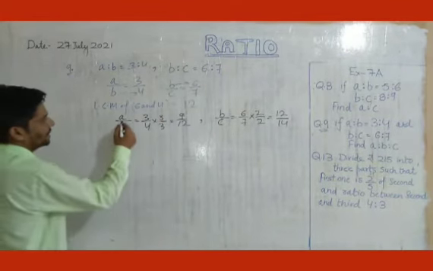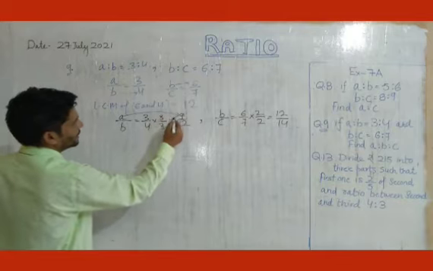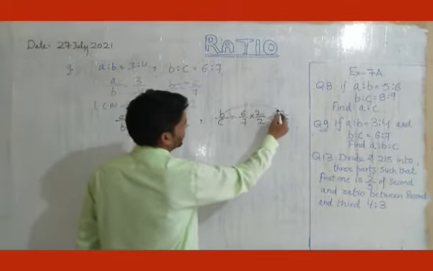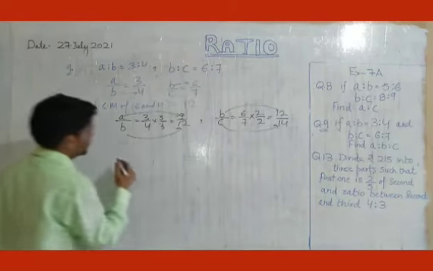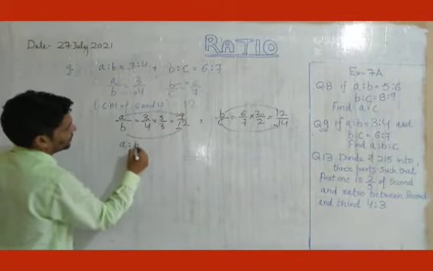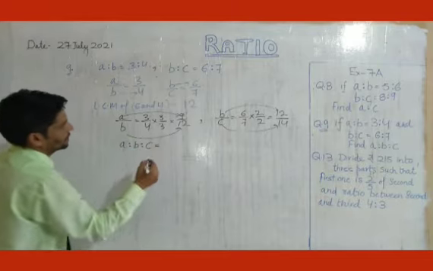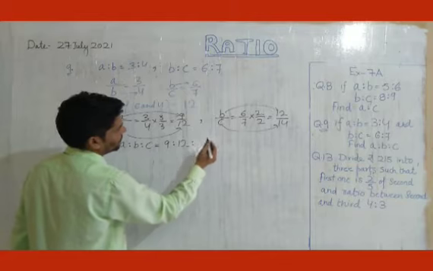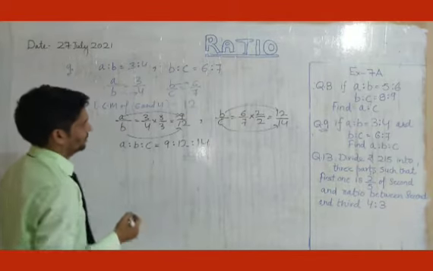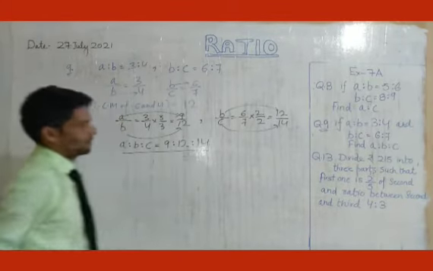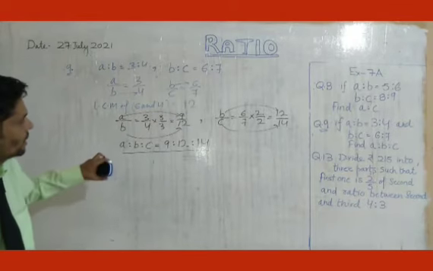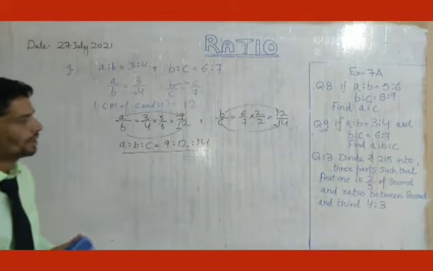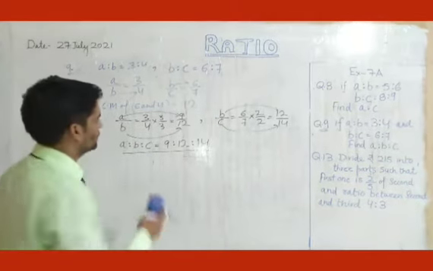So here A is 9, B is 12 and C is 14. So A ratio B ratio C comes 9 ratio 12 ratio 14. So this is the answer of question number 9. Now we will solve question number 13.